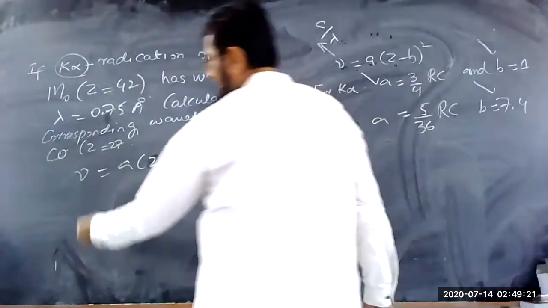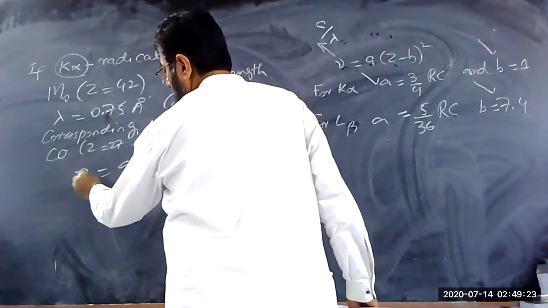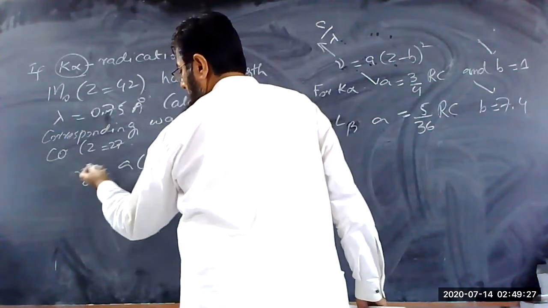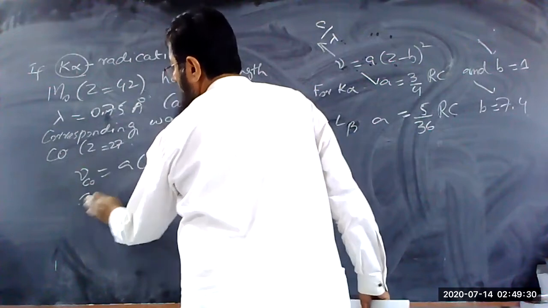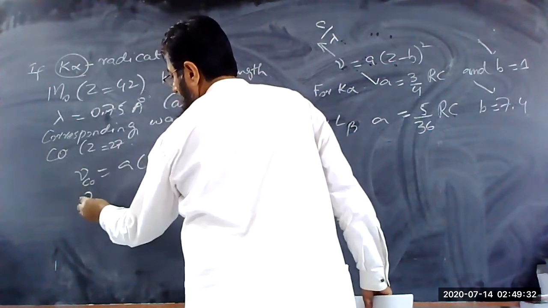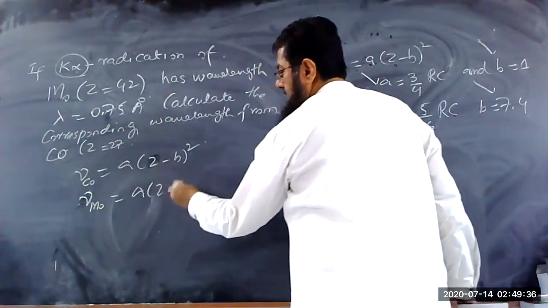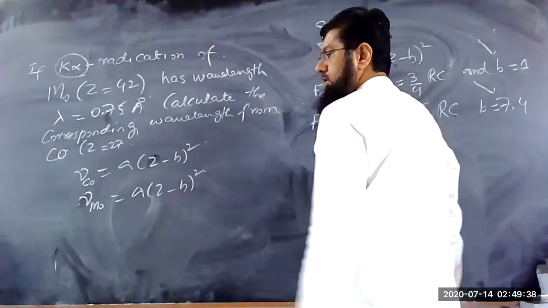Let's say this is for cobalt, and this is for molybdenum, which is again A (Z minus B) whole square.